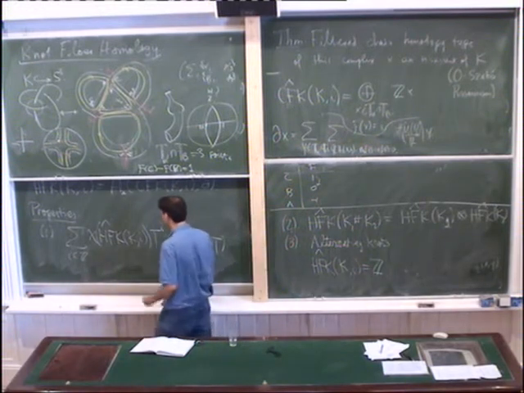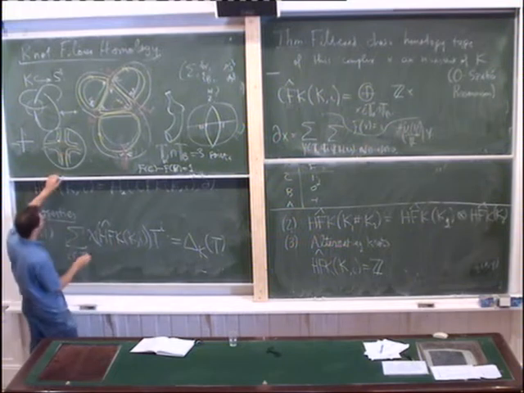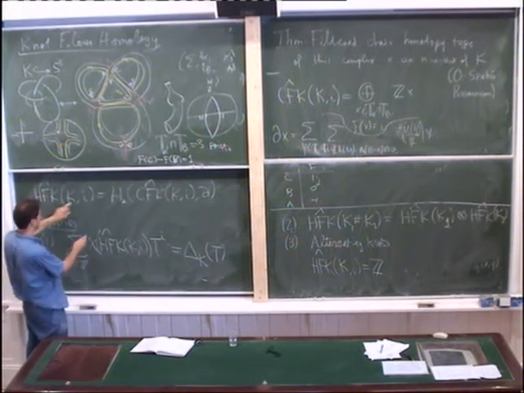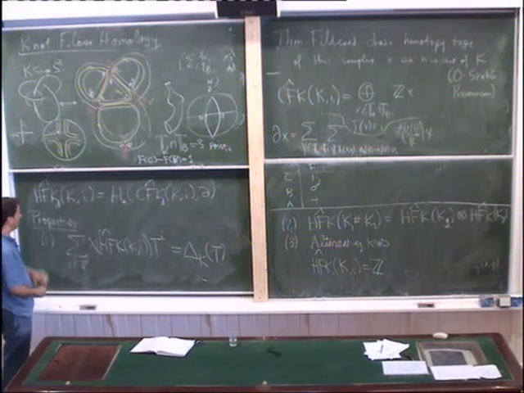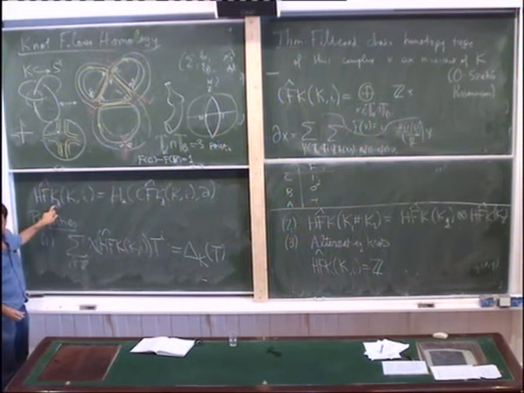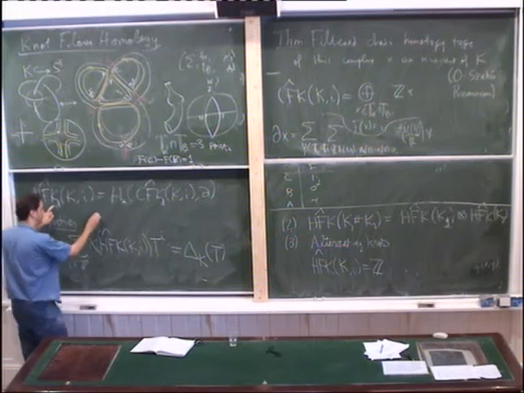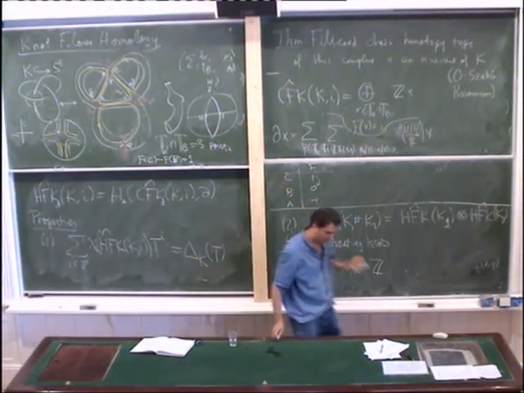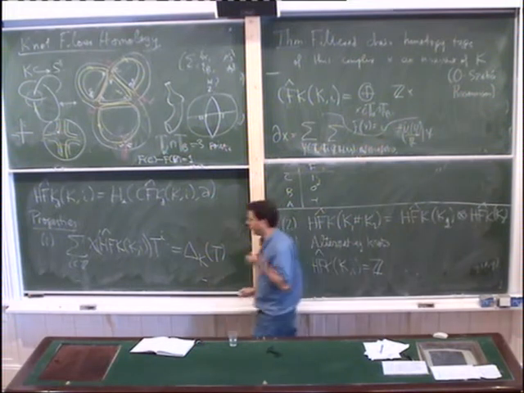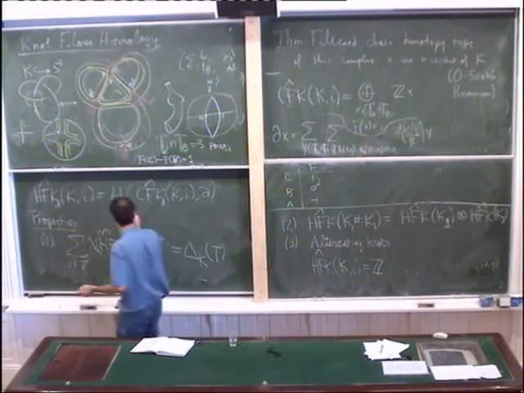So what I should say is that I've talked about the chain complexes as splitting according to filtration levels, but there's also a degree. And the degree is induced from the Floer homology. So this is the associated graded object to a chain complex which calculates the homology of the 3-sphere.